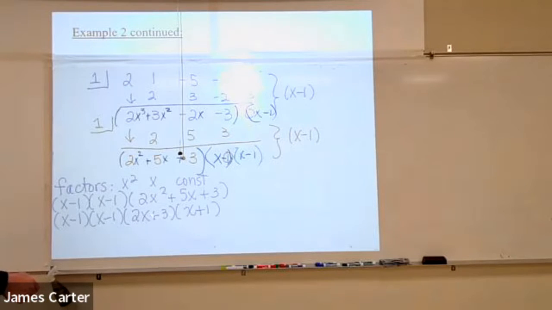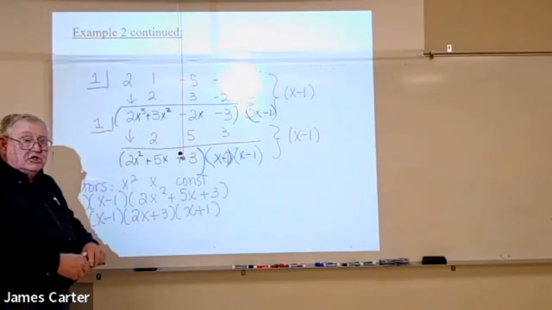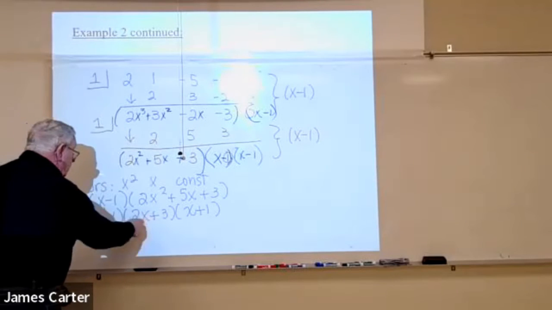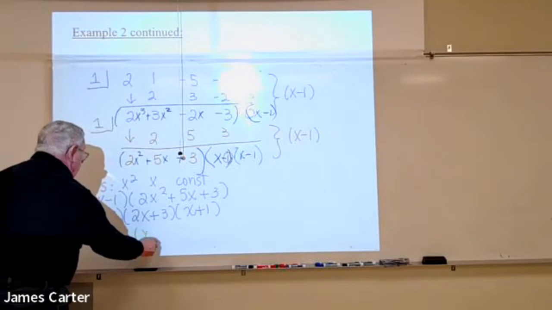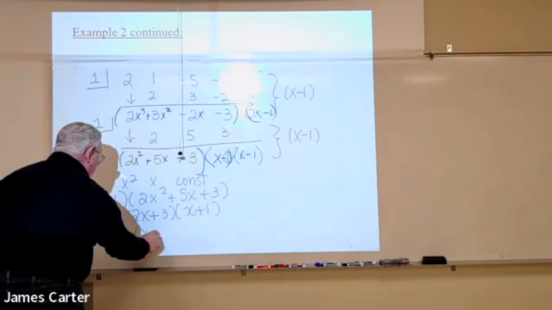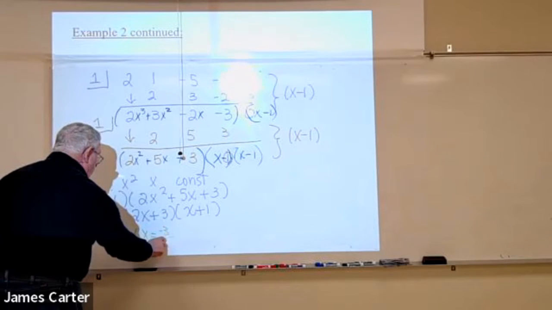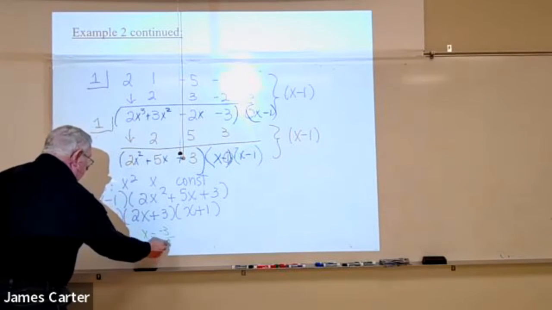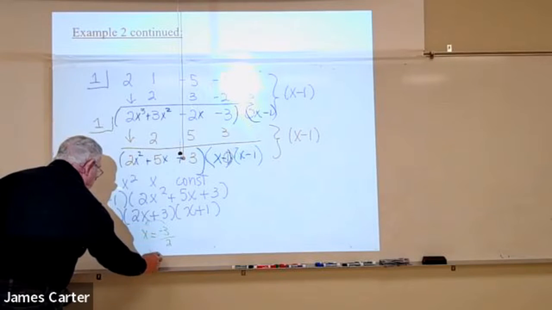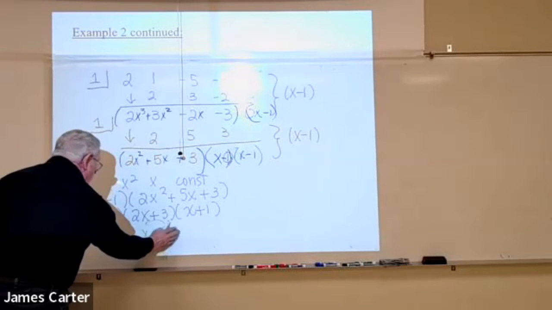To go back to what your question was earlier, if x equals minus 3 over 2, then take this whole thing back over, so it would be x plus 3 over 2, like so.